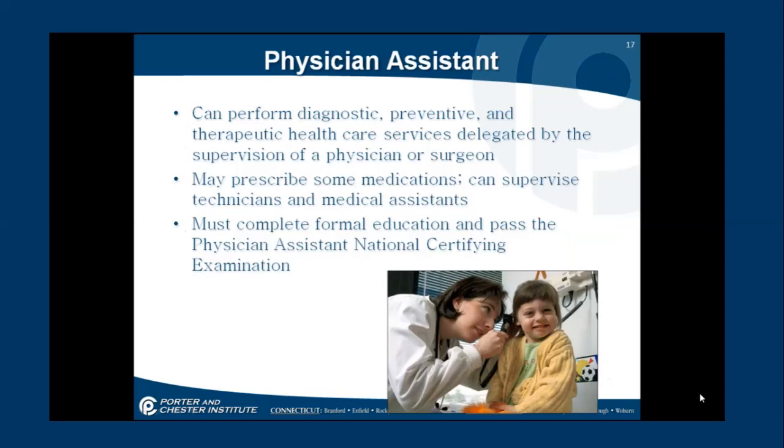They can perform diagnostic, preventative, and therapeutic healthcare services under the supervision of a physician or a surgeon. They may prescribe some medications. They can supervise technicians and medical assistants. They must complete formal education and pass the Physician Assistant National Certification Examination.